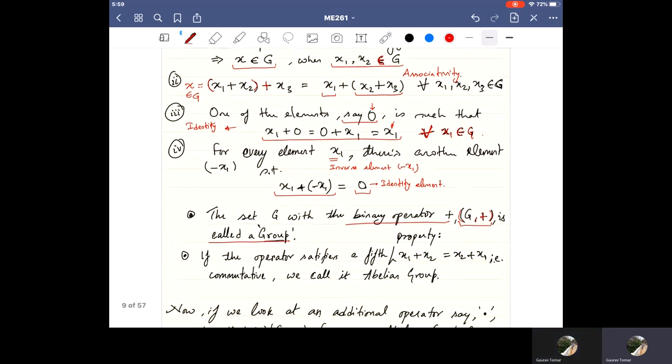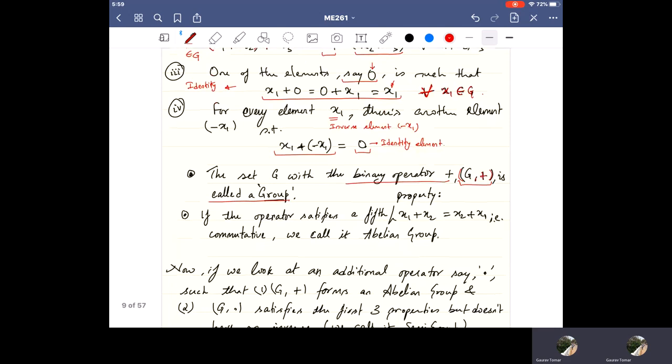Okay. If the operator satisfies another fifth property, given by x1 plus x2 is equal to x2 plus x1, of course, this is commutativity. So if it satisfies commutativity, then the group is given another special name.